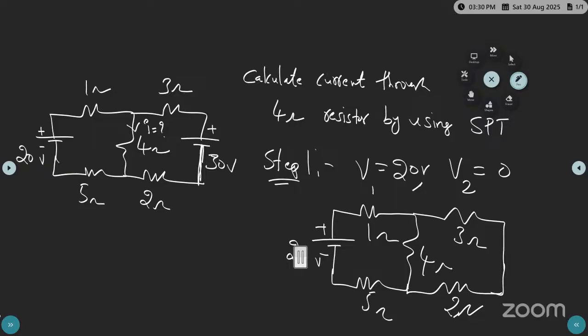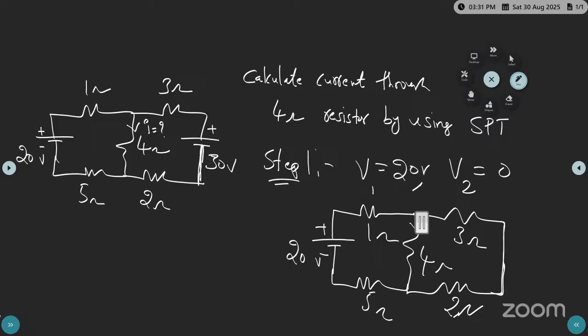So this is the circuit here. V1 is 20. V2 is 0. For this circuit, what is the current in 4 ohm? You find out. How can you find out this current in 4 ohm? By using mesh analysis.